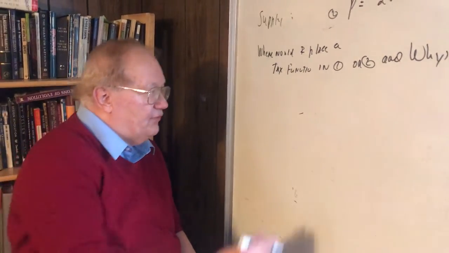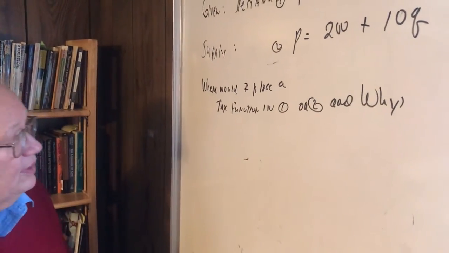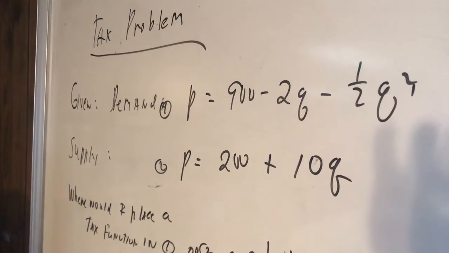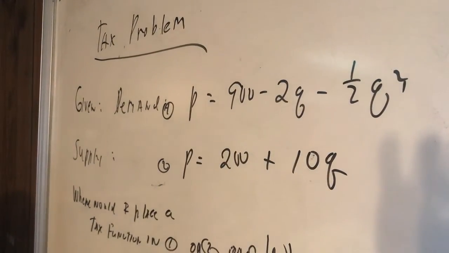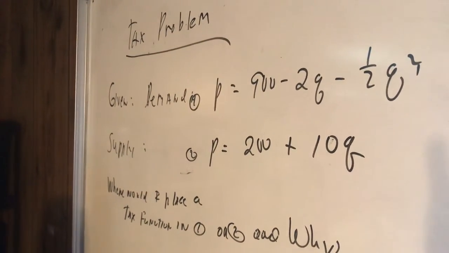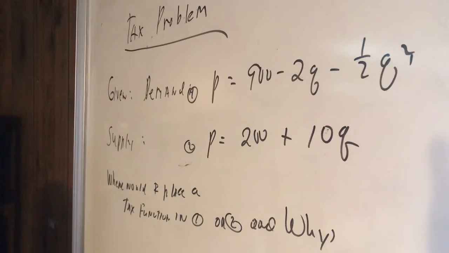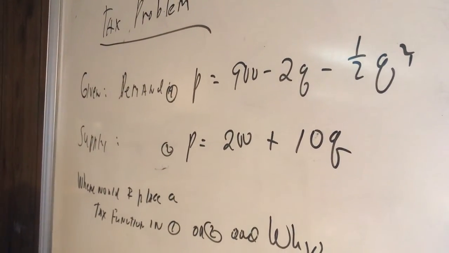All right, so first of all, let's look at the two functions. One is a demand function. One is a supply function. So this is what a supplier is going to supply. Here's what you're going to demand. Now, what the government is usually interested in is taxing those people who are supplying it to you more than you.